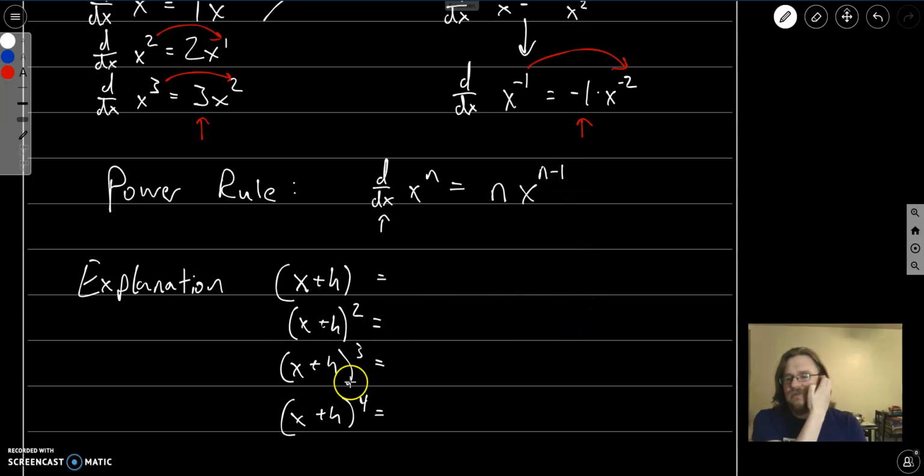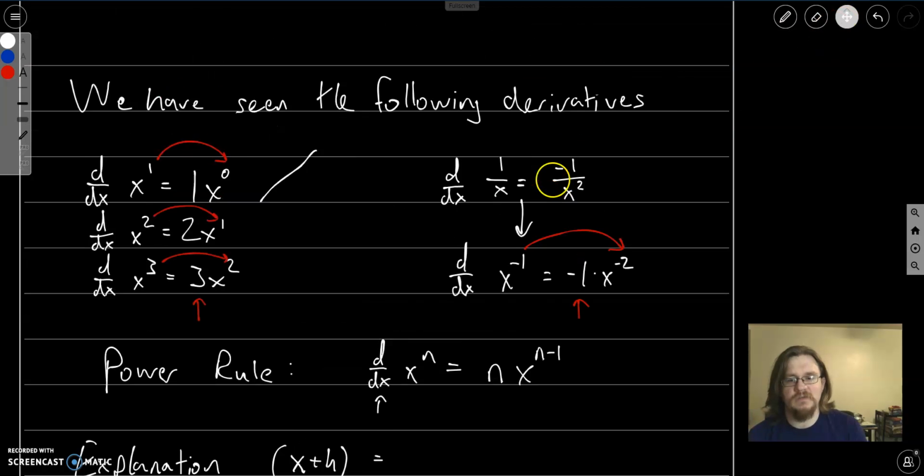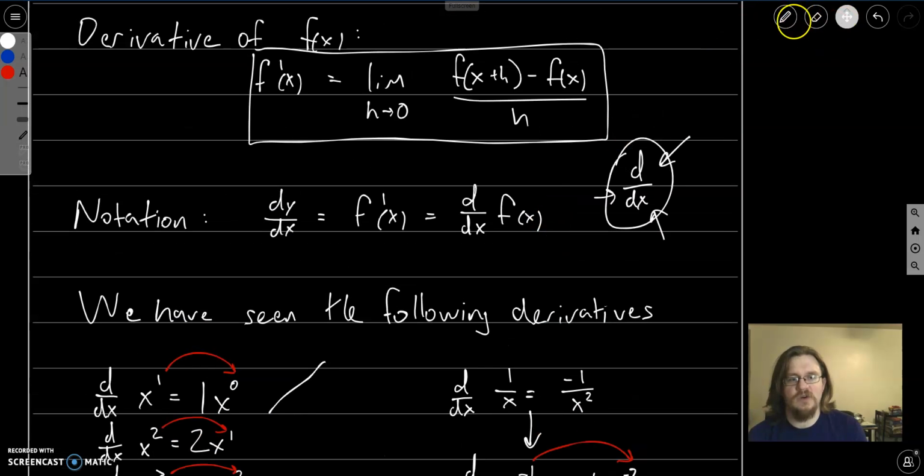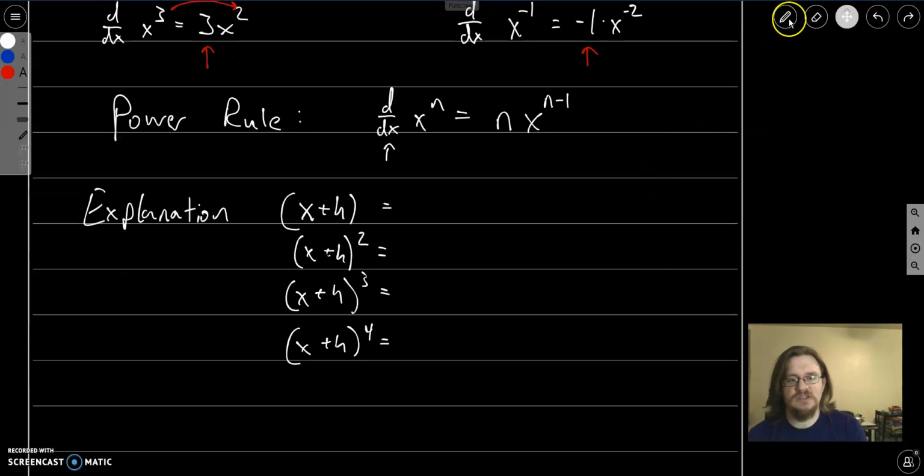Here is a brief explanation of why this is true. We will have to plug x plus h into our derivative. If I plug x plus h into something that's just raised to the first power, we just get x plus h.